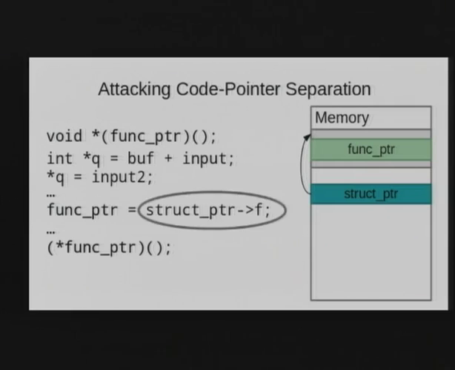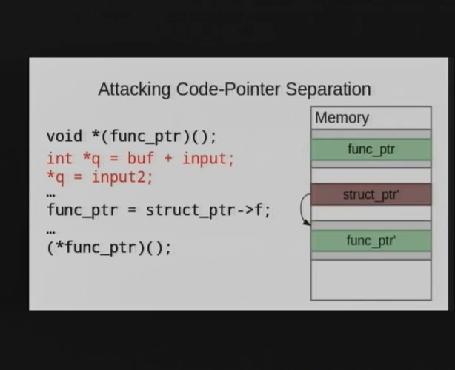But what the attacker can modify is the dereference from the struct pointer to the actual function pointer, and thereby go through the indirection. So the attacker can modify the struct pointer from pointing to the beginning of the struct to some other copy of the struct that is somewhere in memory and contains another valid function pointer.